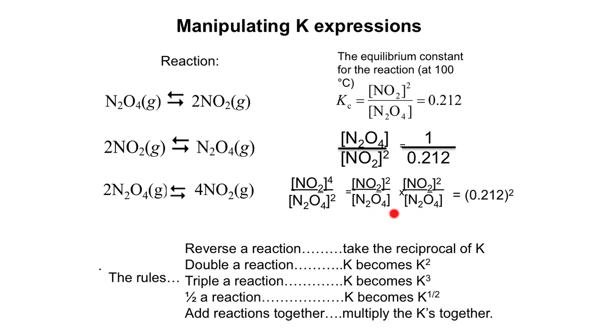Now our equilibrium constant is going to be equal to the value that we got before squared. The reason is that we're basically multiplying K times K. Now there's a total of 4 NO2s in the numerator and 2 N2O4s in the denominator, which is the stoichiometry in this reaction. Does that make sense?